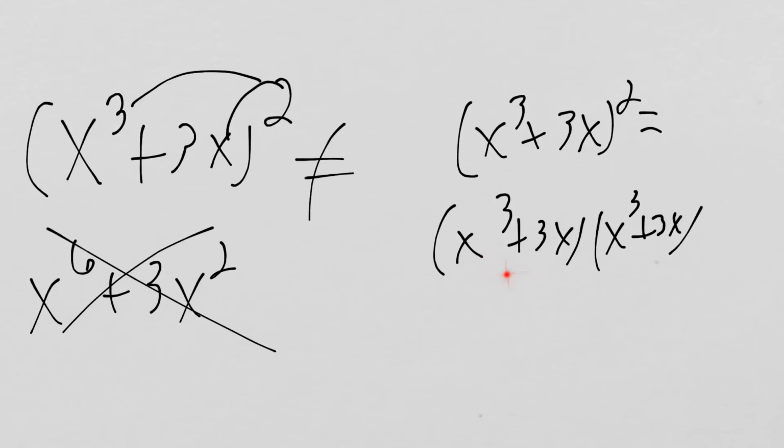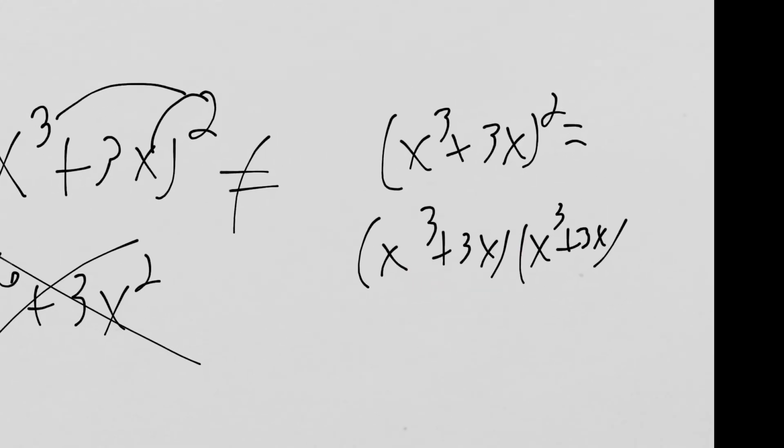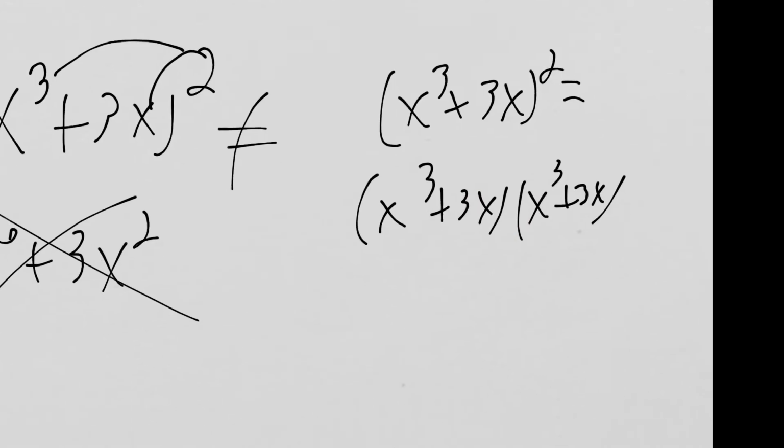So what we have to do is multiply each piece by each piece, which you may remember as foiling: multiplying the first pieces together, then the outside pieces, then the inside pieces, and then the last pieces. Right? We have to multiply each piece by every other piece.